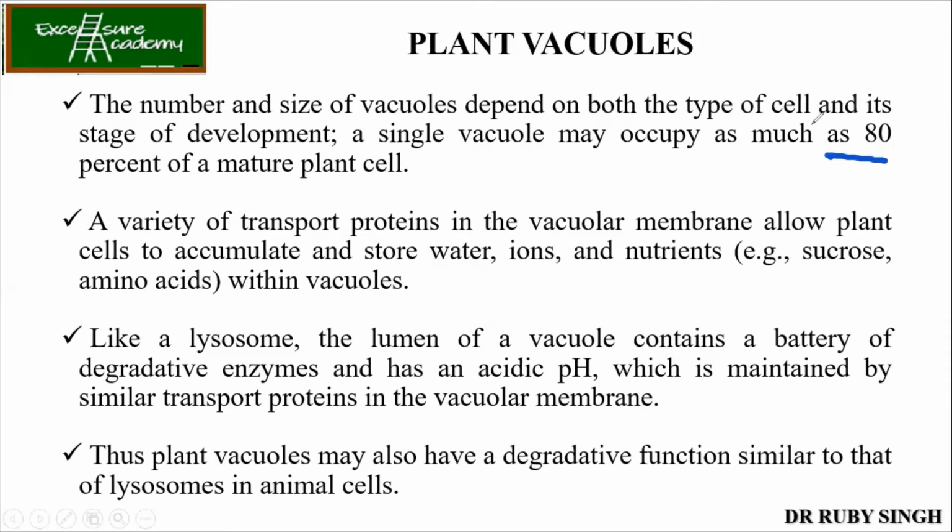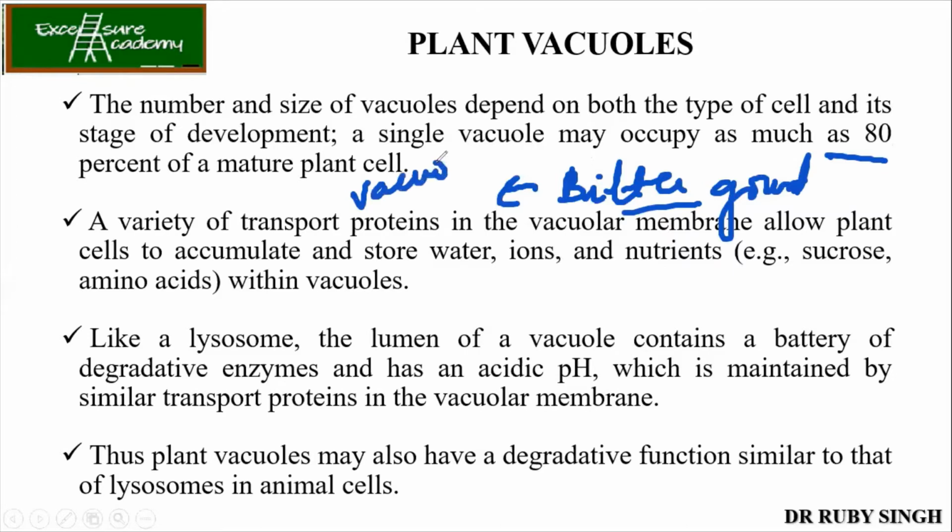Remember, I have told you once about the bitter gourd case, like why it is bitter in taste, right? Because it has a bitter component called PTC present in the vacuole. When you start eating, the vacuole gets ruptured and the chemical compound is released, and that's why you get that taste.